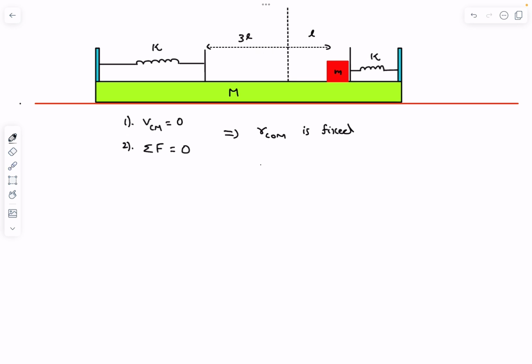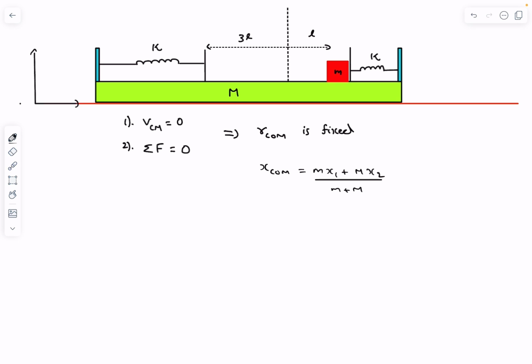Once that is clear, we only need to care about the x coordinate of the center of mass in this question, because the y coordinate is not changing anyway. The definition of the x coordinate of the center of mass is m1x1 plus m2x2 divided by m1 plus m2, where x1 and x2 are the positions of mass small m and capital M with respect to some fixed origin.